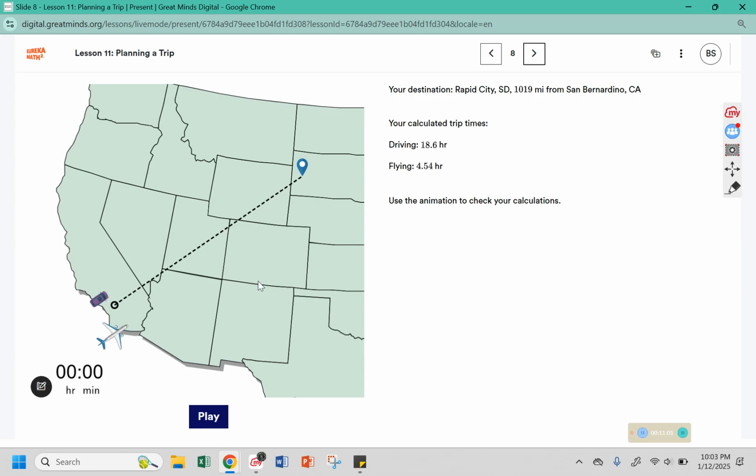Use the animation to check your calculations. So this says 4 hours and 32 minutes. Well, 32 is just over a half, and 0.54 is just over a half of an hour.